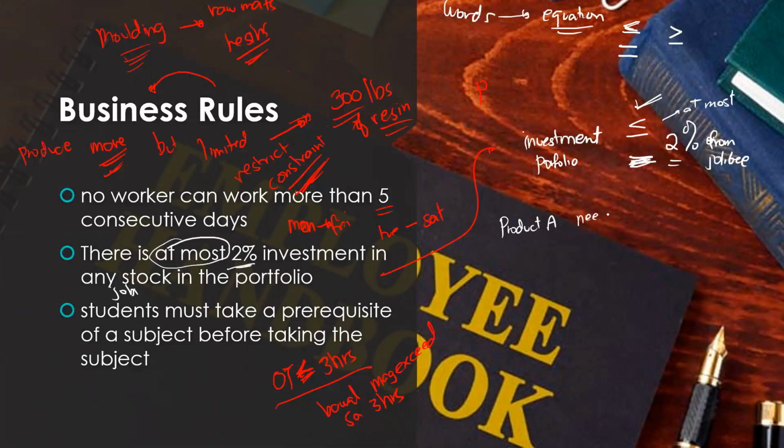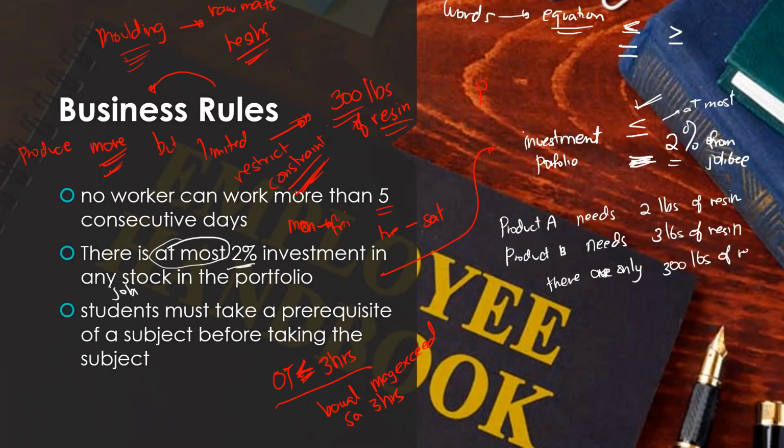Product A needs 2 pounds of resin, while product B needs 3 pounds of resin. There are only 300 pounds of resins available. Given this statement, how do we translate it from words to an equation?